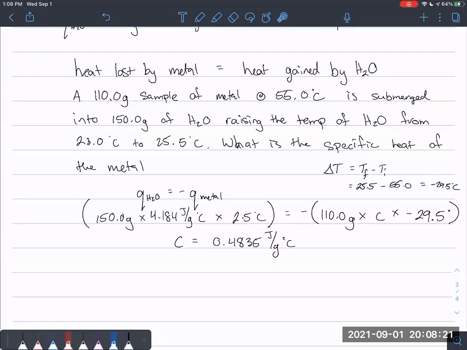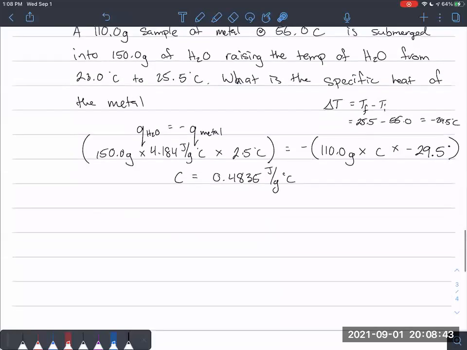Other questions? So you just combine like terms and plug it in like the last problem you taught us? Well, there are no like terms. There should only be one thing that we're solving for, and that's the specific heat capacity.